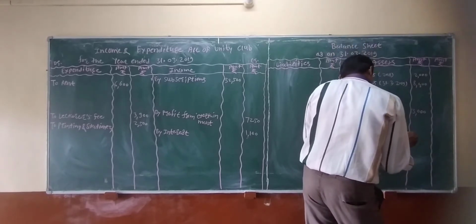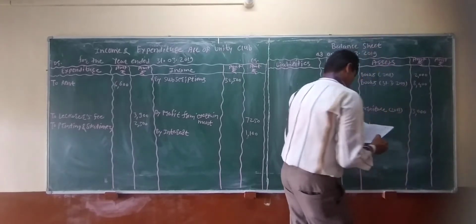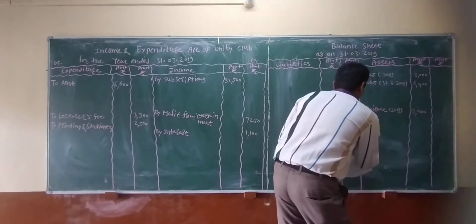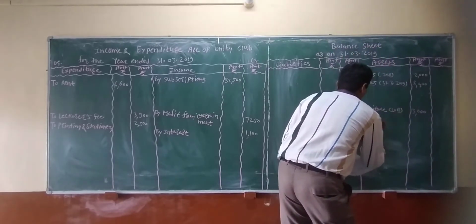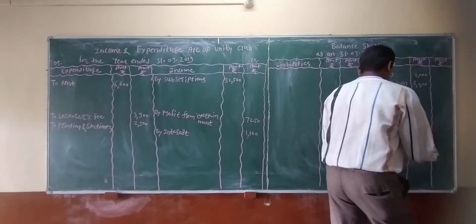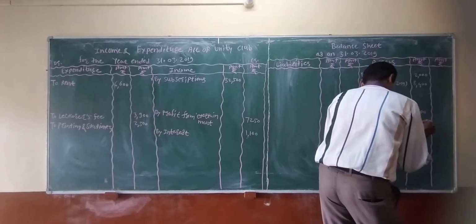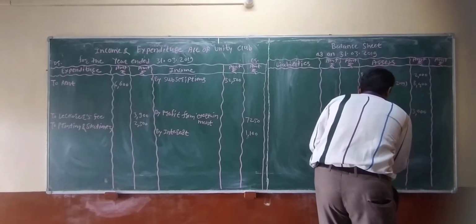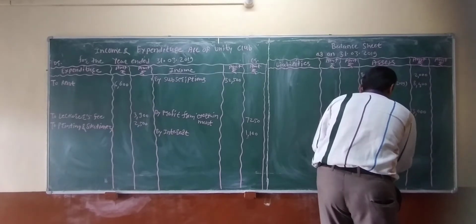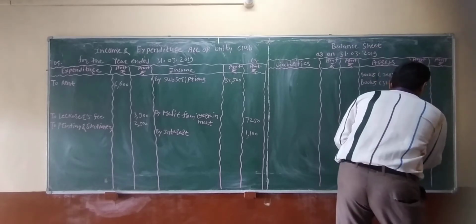Next, add the new purchase. Purchase of furniture on 1/10/2018, so 9,900.